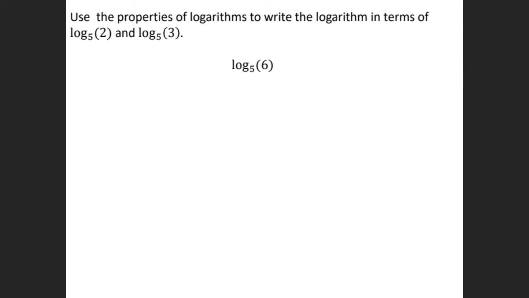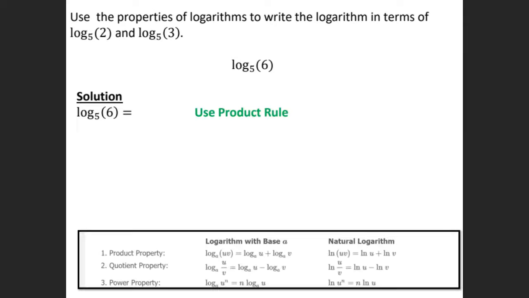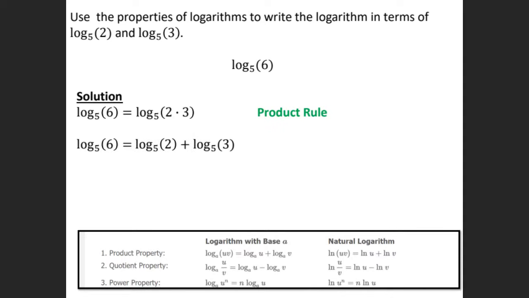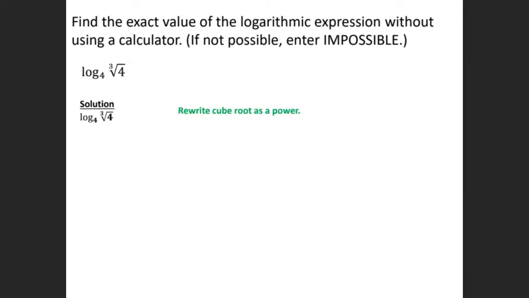The answer would be yes, right? 6 can be rewritten as 2 times 3. Now I can use my product rule to rewrite as the homework is asking me. Since they have a base 5, I can expand it to have log of base 5 of the input 2 plus the log of base 5 of the input 3. Okay, and I use my product rule to solve for that.